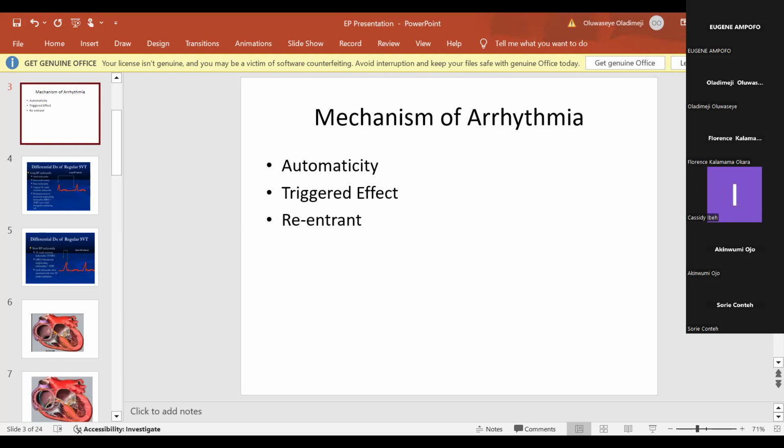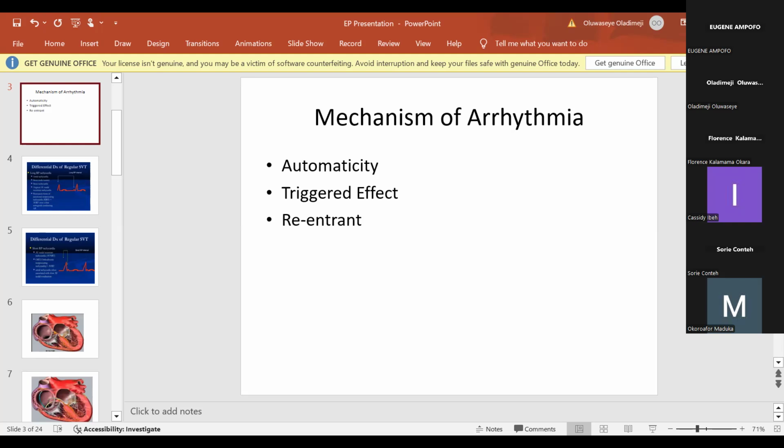We'll discuss this further. A triggered activity, we all know, is increased electrical activity, especially at the period of refractory or the relative refractory period of the heart. So I'm not going to detail simply because I'm sure we have studied things around it.